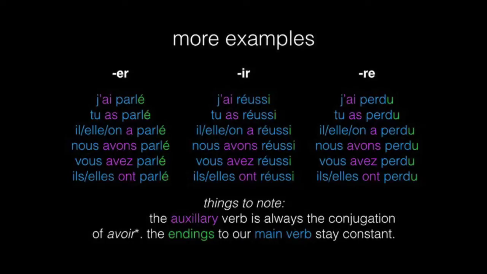The words in purple are the auxiliary verbs, or the conjugations of avoir, and the endings I've labeled green, and the subject and the main verb that we're conjugating are in blue. And of course, it isn't always avoir. It's not that easy, which you will see in the next slide.